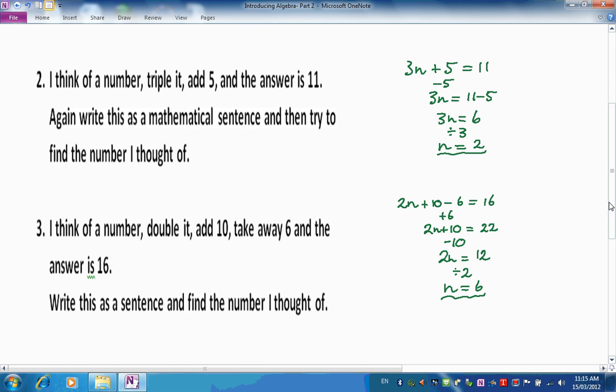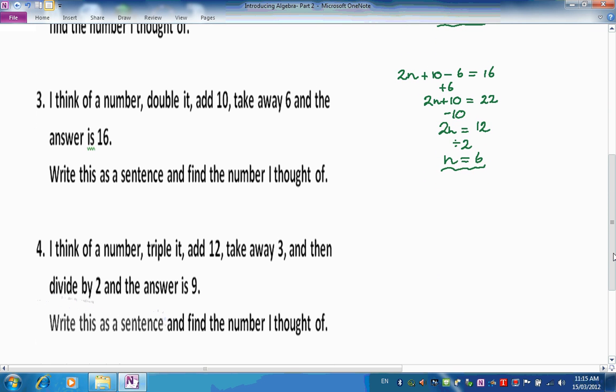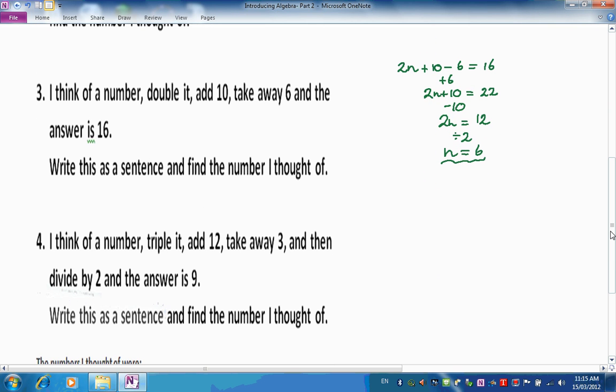It works very nicely. Let's have a look at the last one down here. Think of a number, I triple it, so that's 3 times n, add 12, take away 3, and then I'm going to divide it all by 2, so this is a tricky step here, divide it all by 2, and the answer is 9.